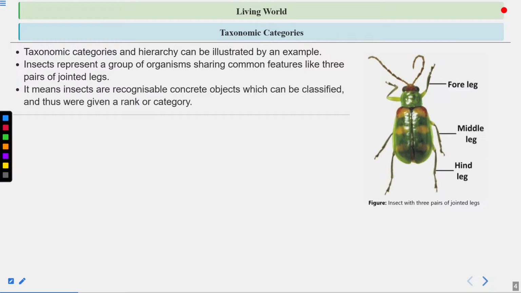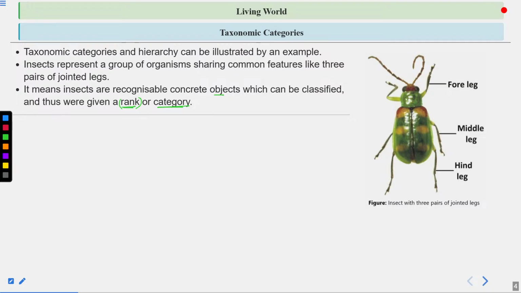Now it means insects are recognizable concrete objects which can be classified and thus were given a rank or a category. The members of this group, insects, share common characteristics, and insects can be given a particular rank. Insects belong to phylum Arthropoda. What does Arthropoda mean?